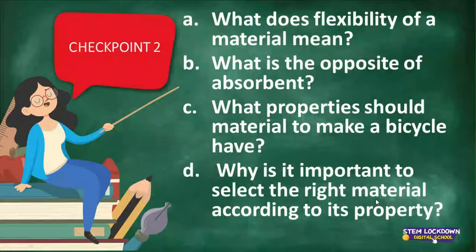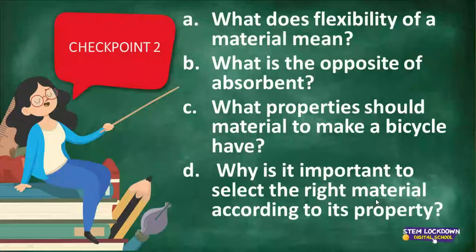How far can it bend without breaking? Number B, what is the opposite of absorbent? This comes for the second time. You know this question. Number C, what properties should a material to make a bicycle have?